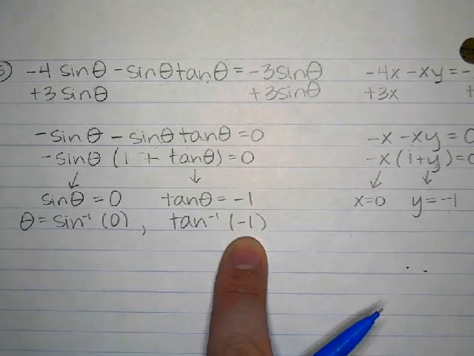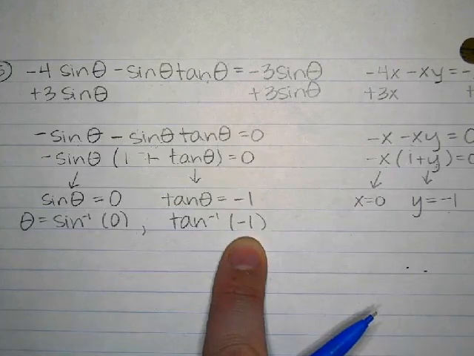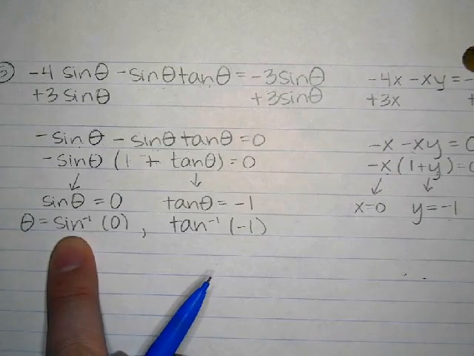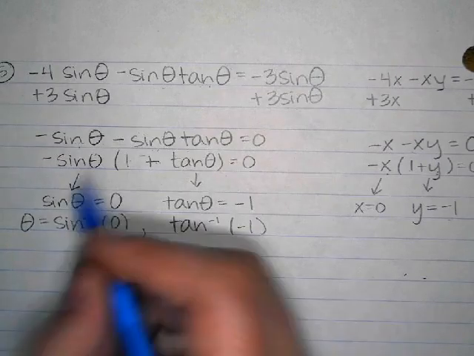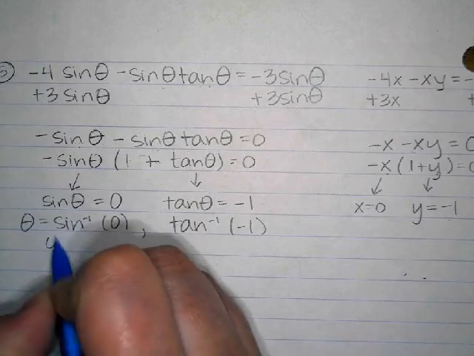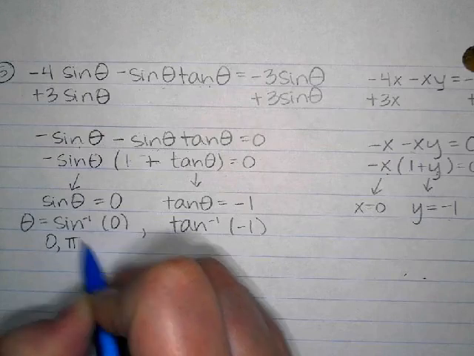Okay, so y coordinate, where on the unit circle is there a y coordinate of 0? 0 and pi, and we know that 0 is in the same spot as 2 pi, right? 0 and 2 pi are coterminal, but our instructions told us not to use 2 pi as an answer.